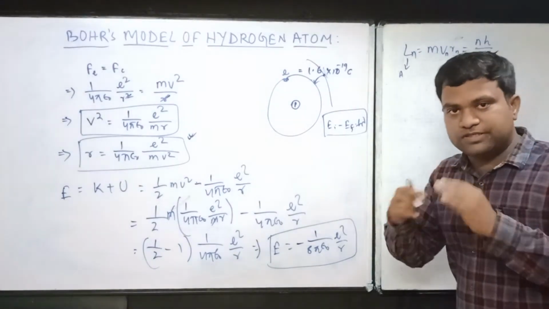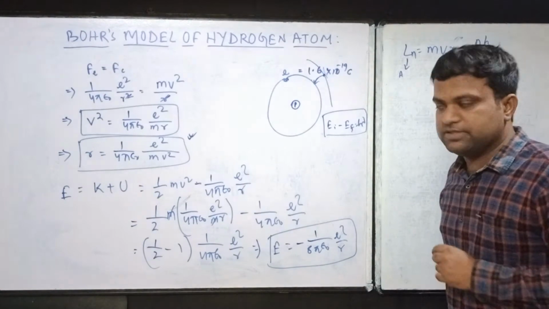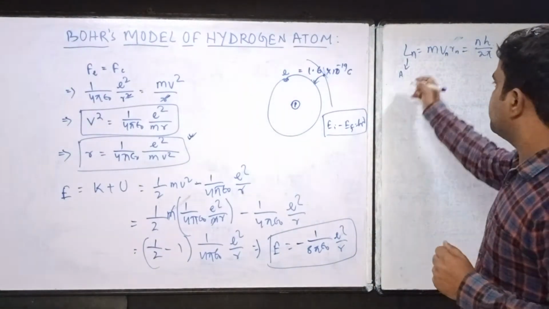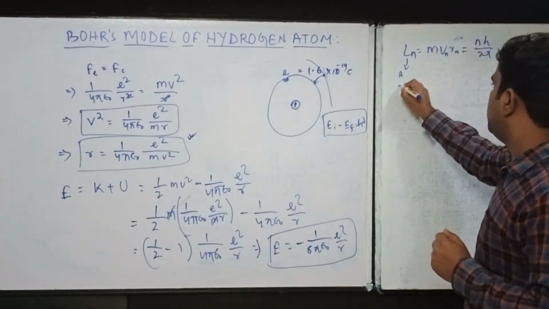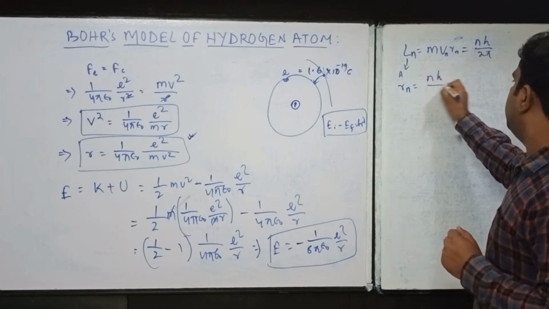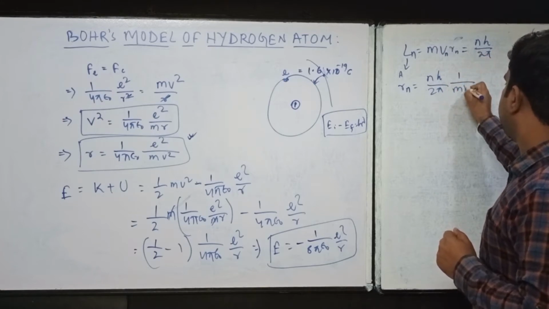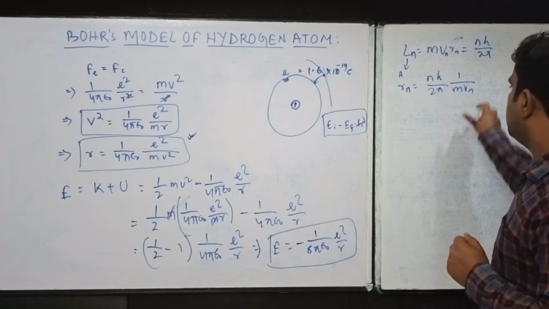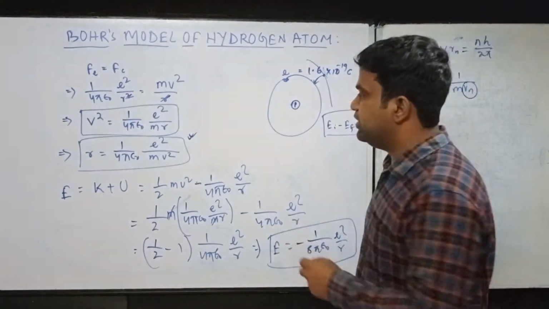We are not discussing Bohr's postulates one by one, but we are using Bohr's model to calculate basically the energy and the radius. So from here you can simply write down your value of Rn. So your Rn is basically nh by 2 pi and 1 by m Vn, right?